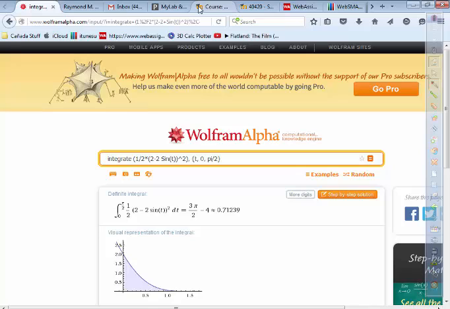You say integrate, and then you put the function down, you put some limits down, like whatever your limits are, like I did over here, and then Mathematica or Wolfram thinks about it and tries to read your mind as to what it is you're trying to say without having to learn the actual computer language. So if we were to find the actual value for this, we have 3 pi over 2 minus 4, or 0.7.